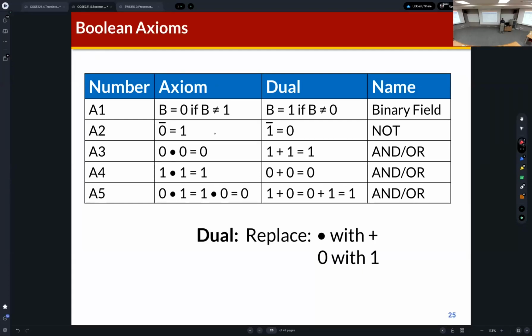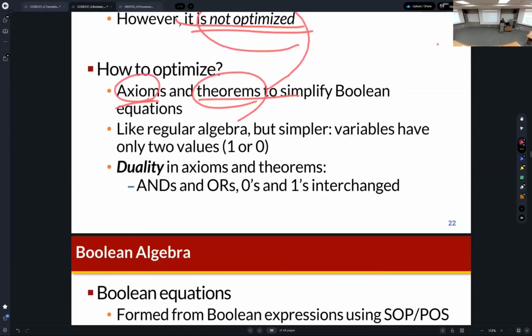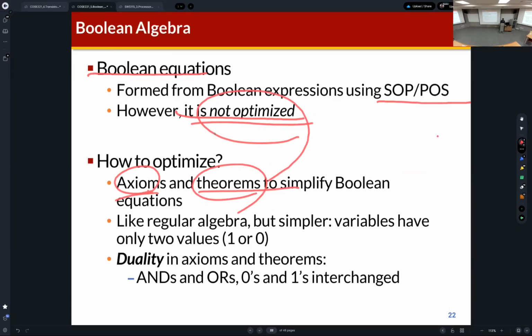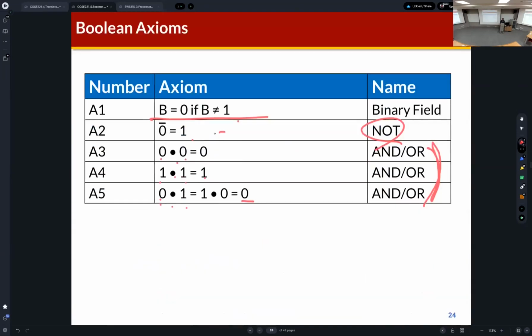And then we can find the dual of each axiom. Dual means that there is duality in axioms and theorems. In a Boolean equation, the values are only 1 and 0, okay, there are only two values. So if we define axioms or theorems for 0, then we can define another type of axioms for value 1.